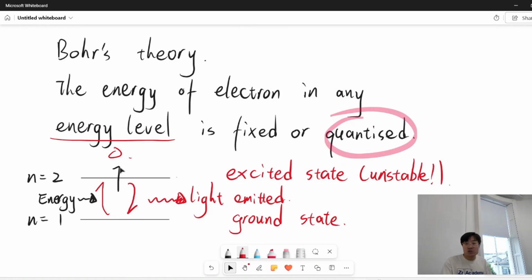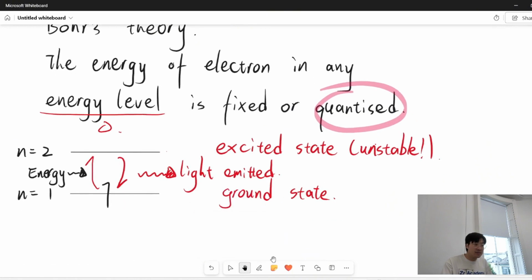However, because the excited state is not stable, the electron will fall back to the ground state and emit a beam of light to the outside. So the light emitted, or in other words, the energy required to finish this process, is this formula here.